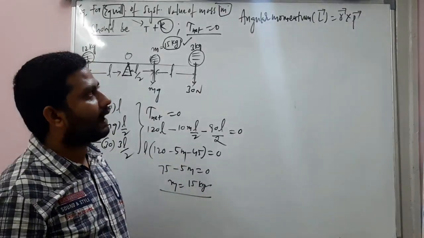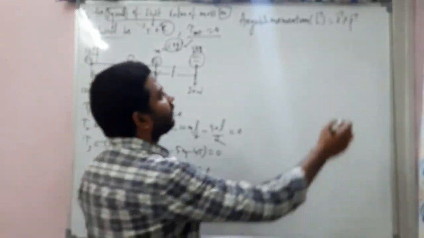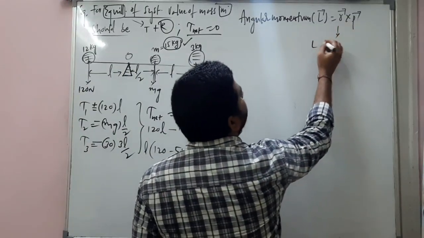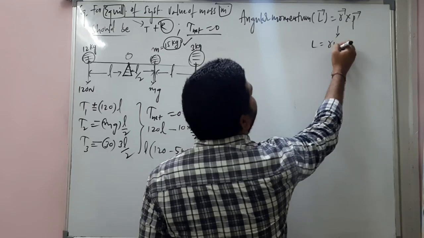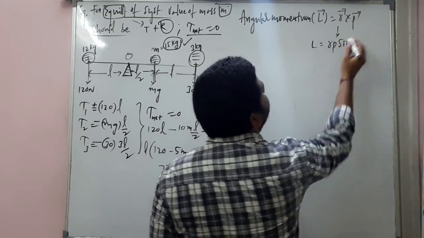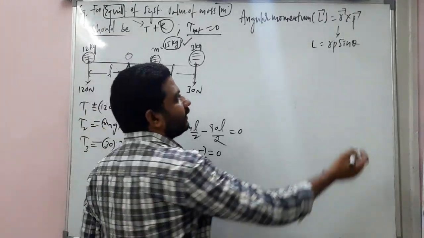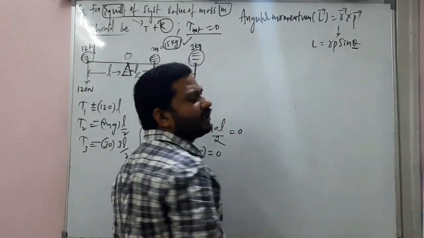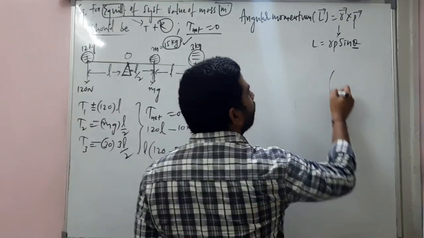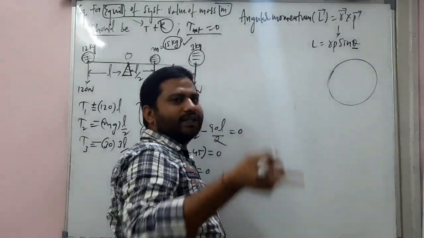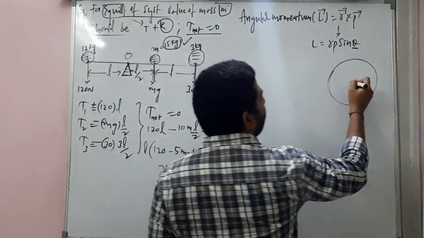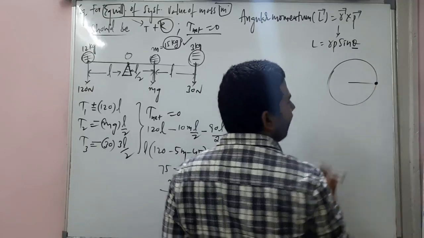From this, L is equal to R into P into sine theta, the magnitude if I write. For example, theta is 90 degrees. How? Look at here. A particle is moving in a circular path.